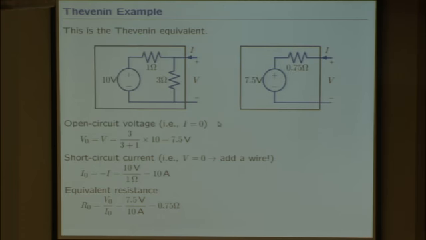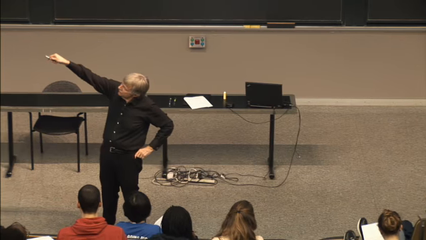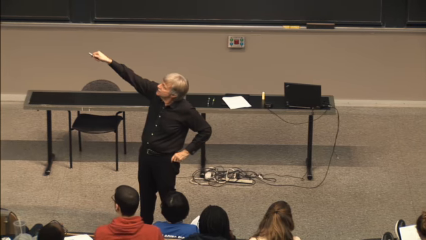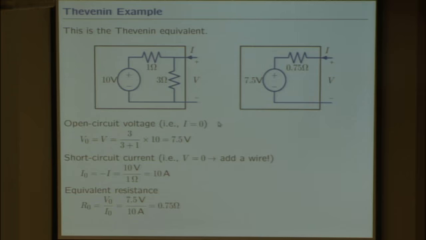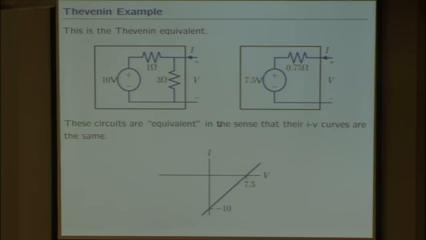And so the answer then is that here's the circuit I started with. Here's the Thevenin equivalent circuit. They're identical in the sense that they have the same VI curve. And you can just sort of see why that has to be true. If you think about the simple cases, if you set I to be 0, the voltages better be the same.